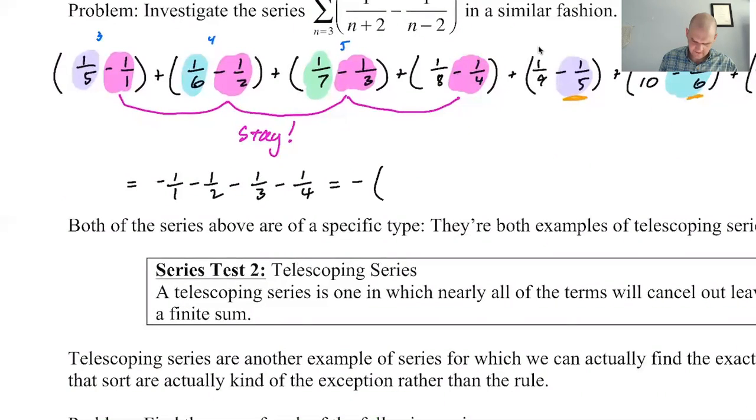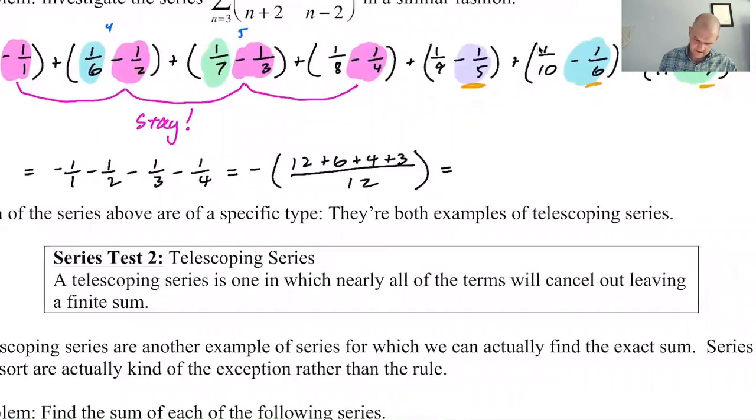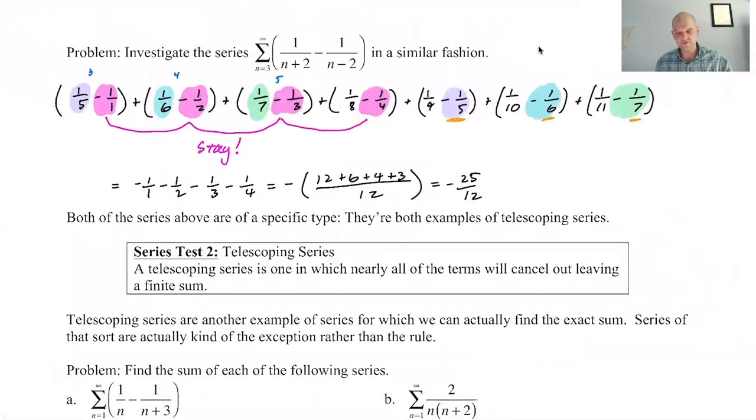So it's going to be negative 12 plus 6 plus 4 plus 3 over 12, which is negative 25 over 12. I think that the sum is going to be negative 25 over 12. I don't really want to write out what the partial sums are, because it's not clear to me exactly what I would have to write out. And I'm pretty confident that I've got the sum.